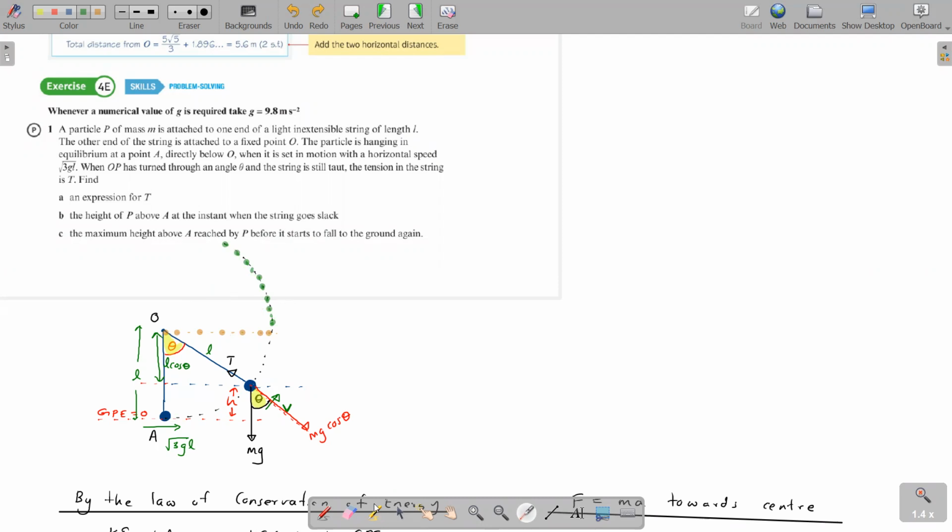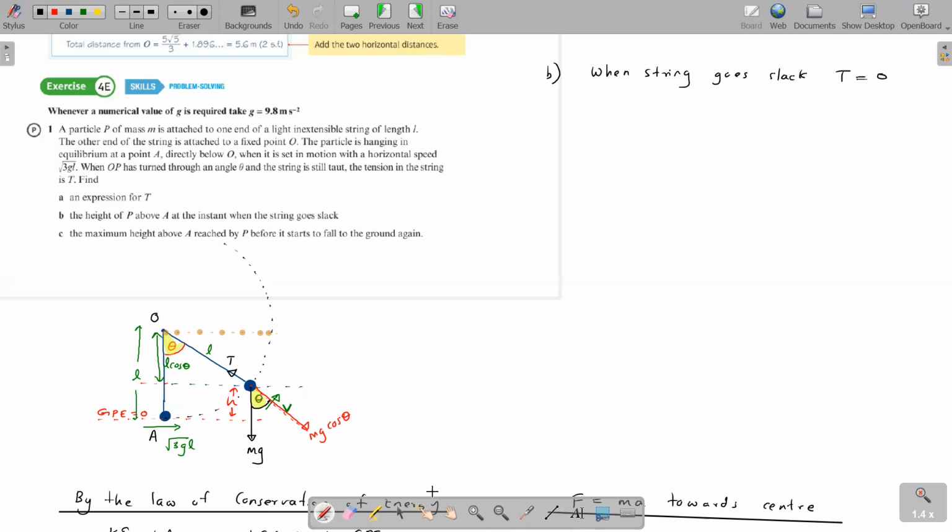Anyway, over here they are saying you're supposed to find the height of P above A at the instant when the string goes slack. All right, so let's do it like this. Part B. When the string goes slack, what happens? The tension in the string reaches 0.